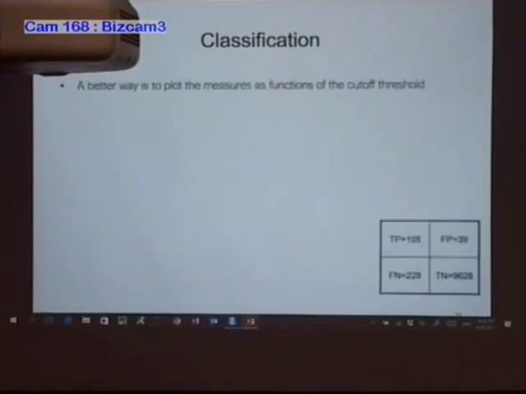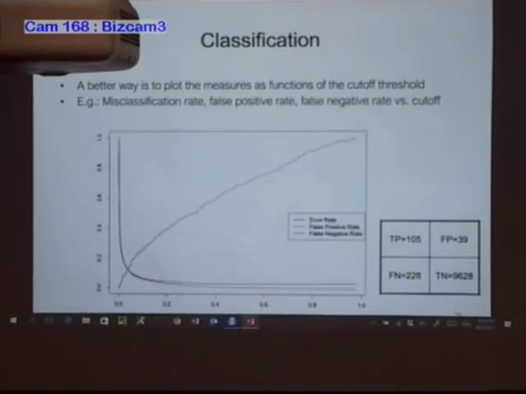So there's a beautiful set of tools. This is one example applied to the default data. This is automatic, 2 lines of code. You will see a picture of 3 lines, including the plot. So it basically tried the cutoff, from 0 to 1.